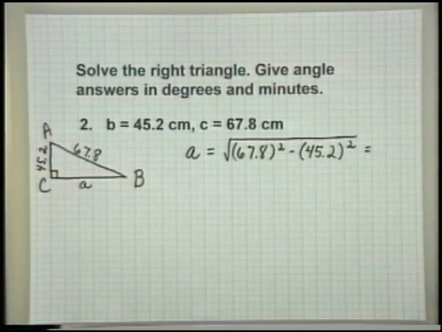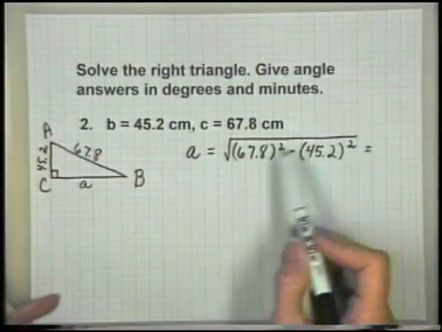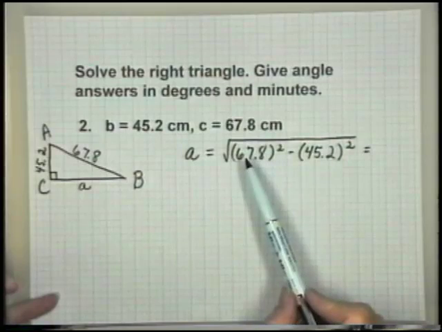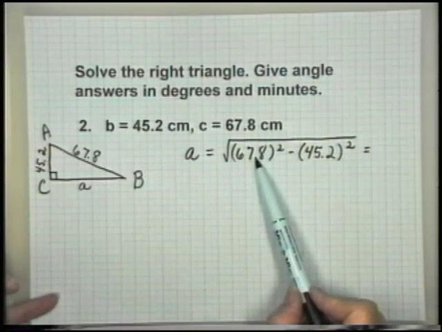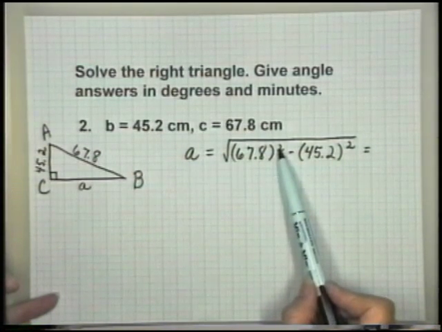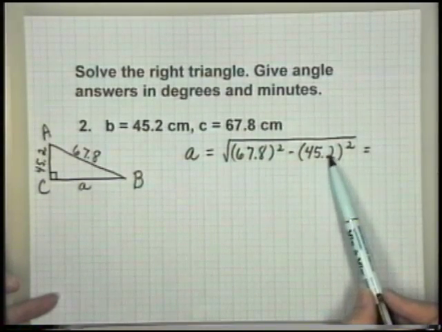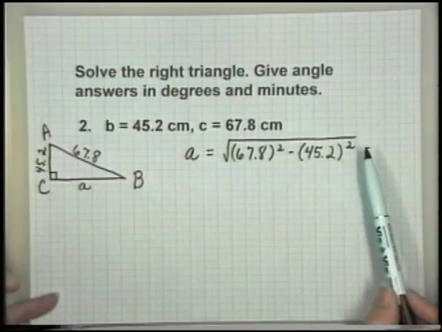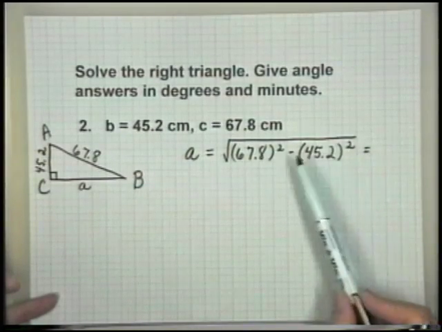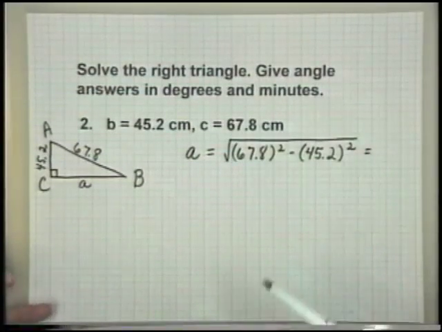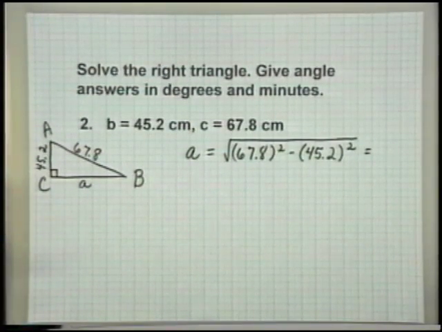Once again, when you calculate this, don't calculate and round and calculate and round. Do this whole thing. On my scientific calculator, I put 67.8 in and push my square button, then subtract 45.2, then push my square button, and then I push equals to get it to do the subtraction, and the last thing I do is push my square root.